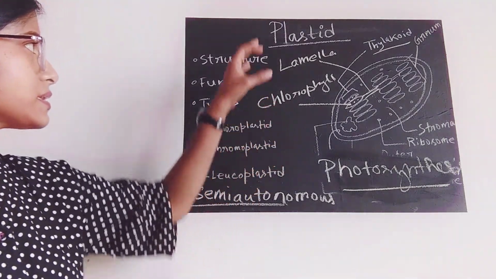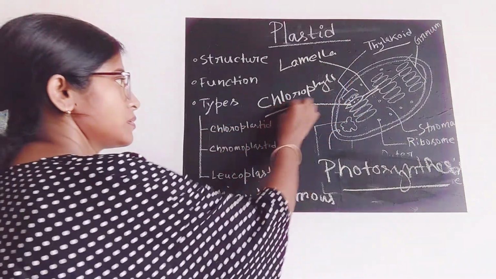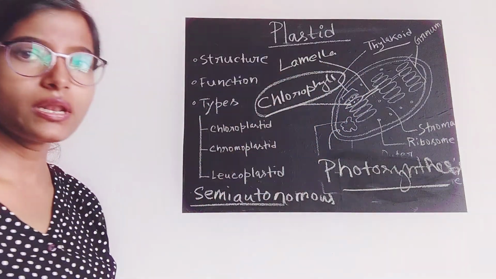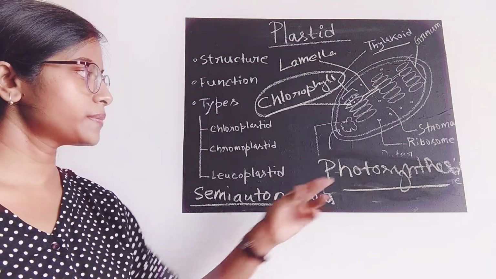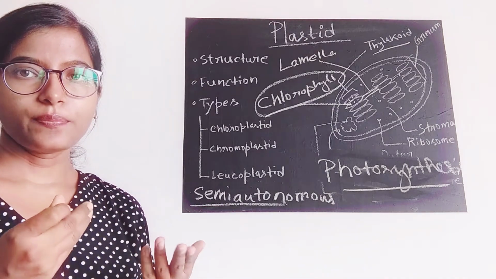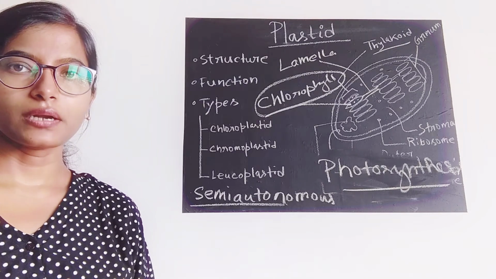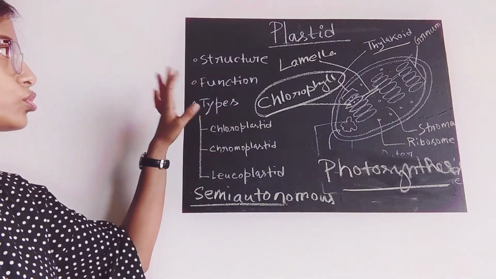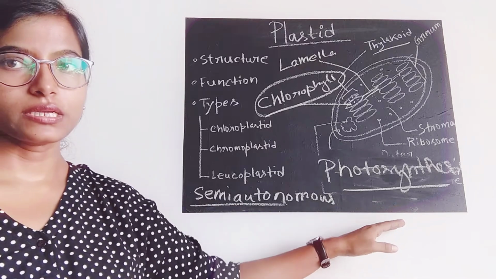As the thylakoids have this pigment chlorophyll, with the help of chlorophyll they are capable of photosynthesis. That means they are helping in the process of food production for the plant. So that is the most important function of plastid, that is photosynthesis.